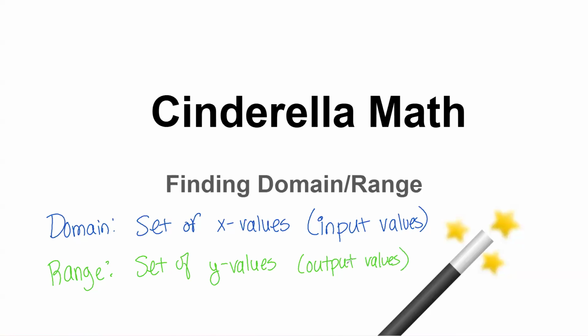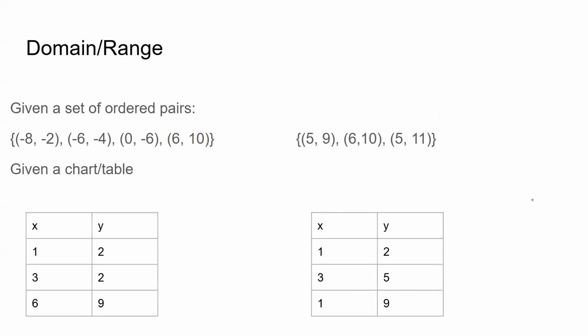But again, for simplicity on today's video, I'm going to be referring to the domain as the set of x values and the range as the set of y values. Alrighty. Let's get started. All right, so there's a couple different ways this question can present itself.